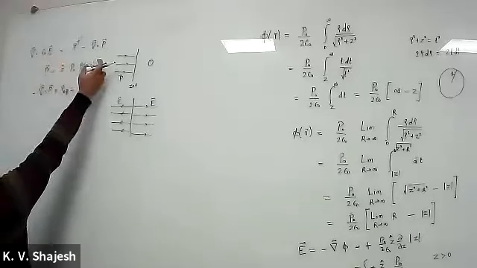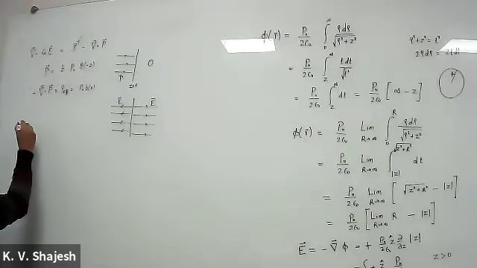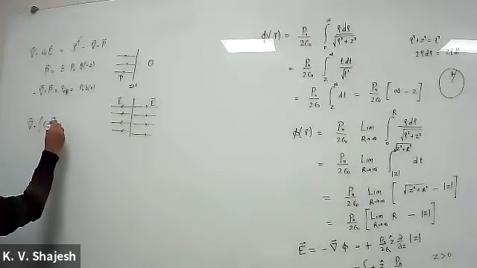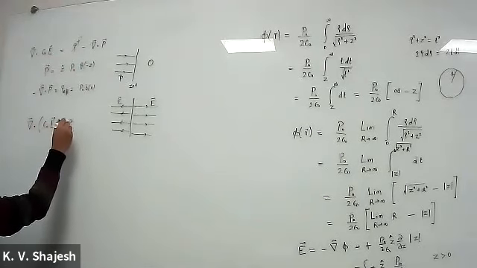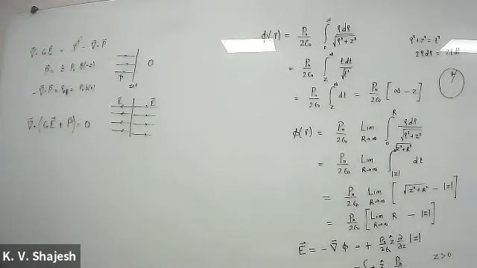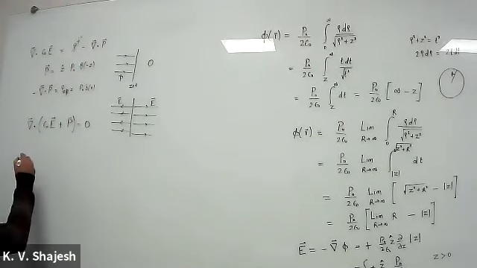But this equation can be written as divergence of epsilon naught E plus P is equal to 0. And we said inside a material, we don't talk about the electric field, we talk about the displacement vector.